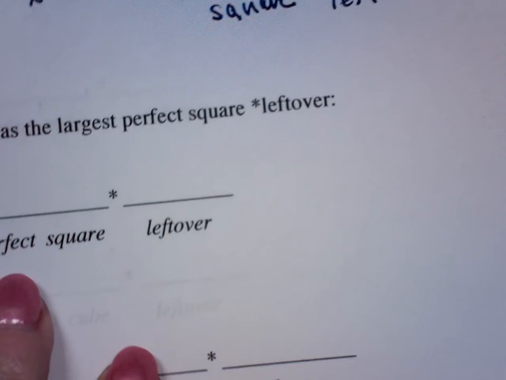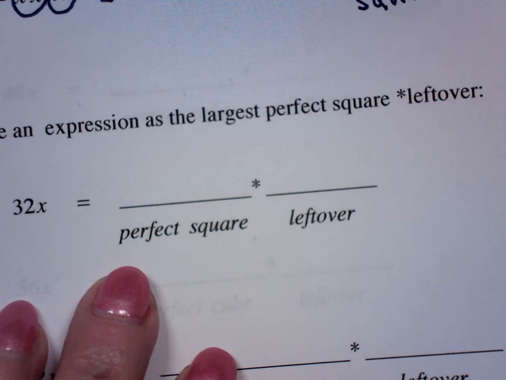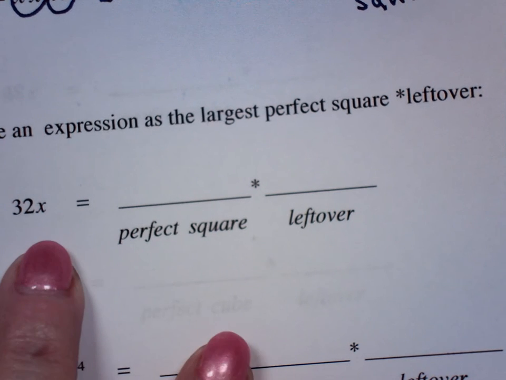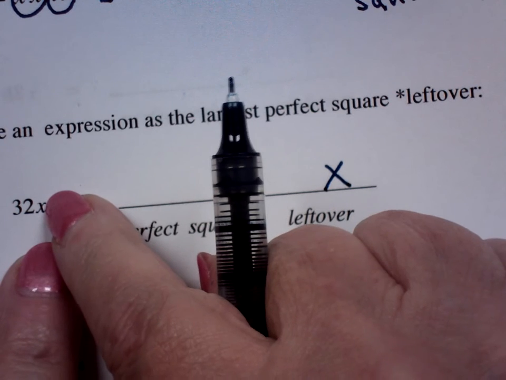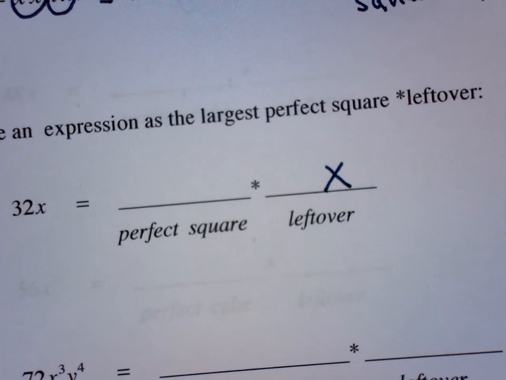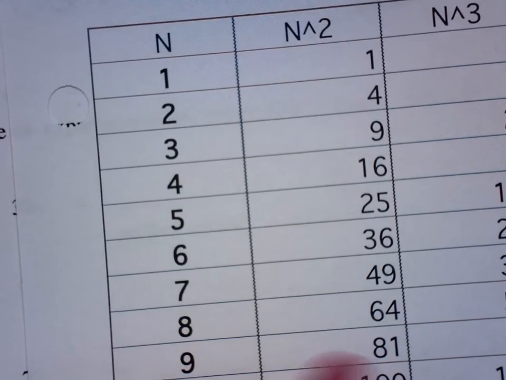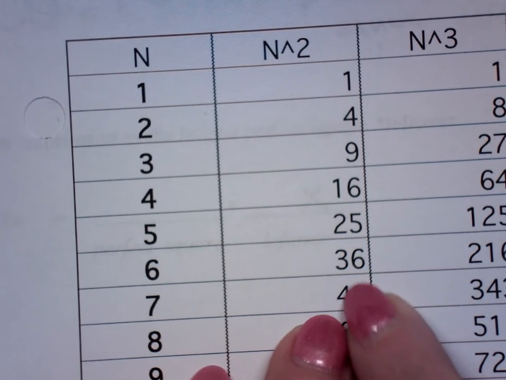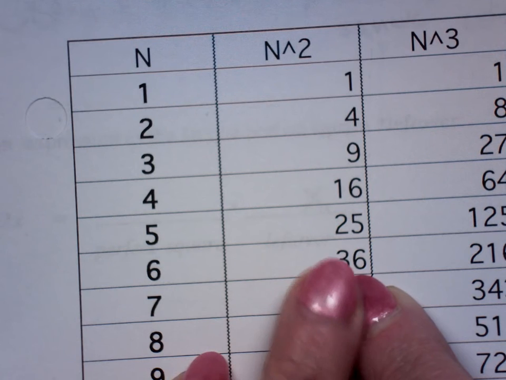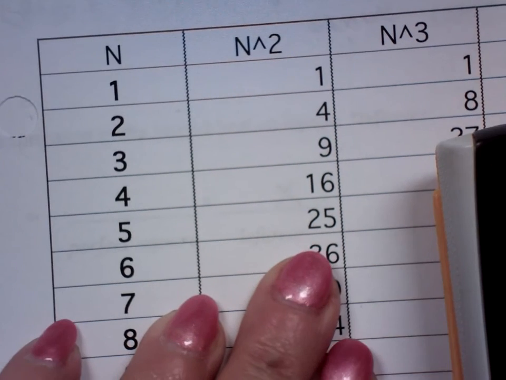So if I want to take 32x, I want to break it into the square and leftover. Well, I know the leftover in the variable is x because I only have 1 of them. Now this is how I handle the number. I want the largest square that's in 32. If I take a look at my table of squares, 36 is bigger than 32, so that's not going to be it. I take 25.